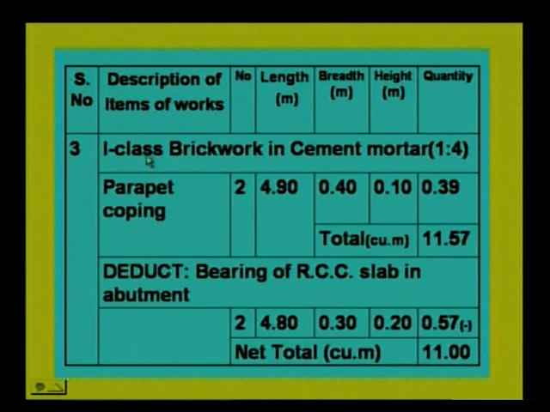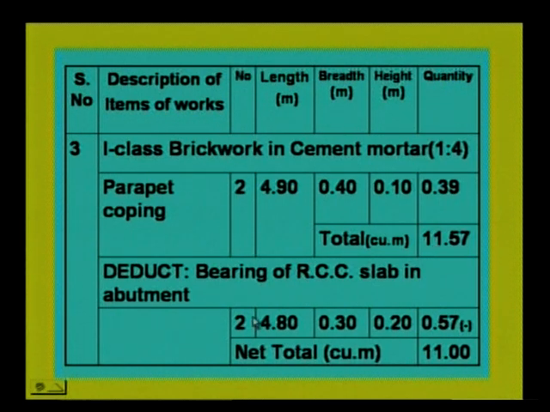The next, first class brickwork in cement mortar 1:4. Parapet coping: over the top of the parapet wall a projection is provided. For that, 2 on either side with a length of 4.9, breadth 0.4, height 0.1, so the quantity is 0.39. So the total is 11.57.